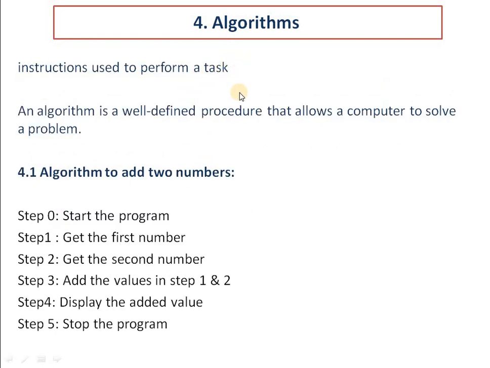So coming to the case of algorithms, actually you had given me 2 step by step things. One was to prepare a good tea and the other was to board a train. Similar things, instructions used to perform a task, I'll be calling as algorithm. So algorithm is a well-defined procedure that allows a computer to solve a problem.